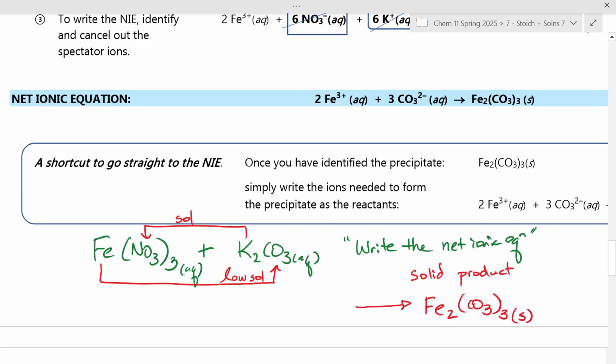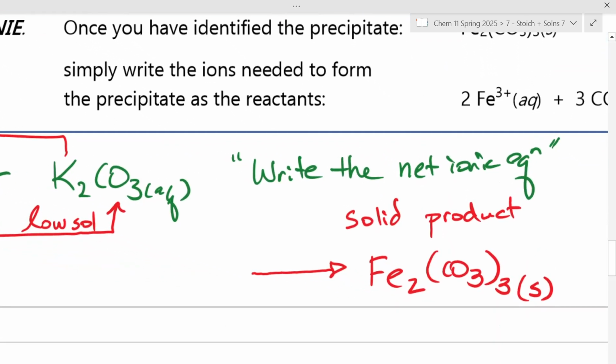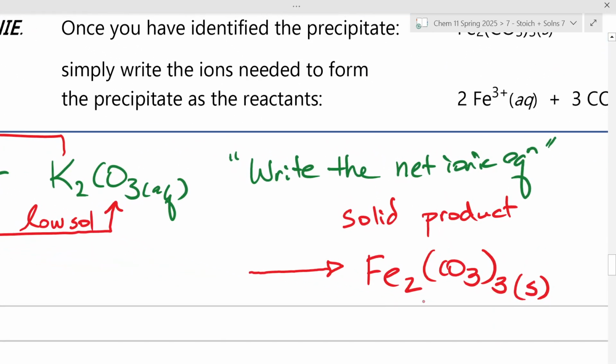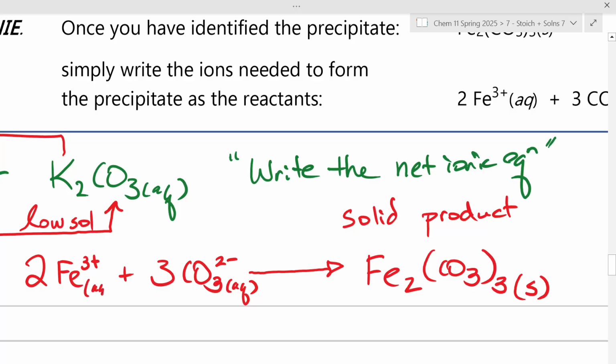To write the net ionic equation, all I have to do is ask, what ions did I need to make Fe2(CO3)3? I needed 2 irons, and I needed 3 carbonates. And that's it.